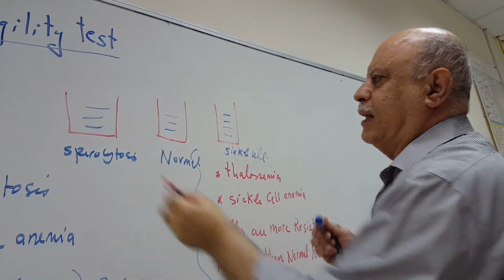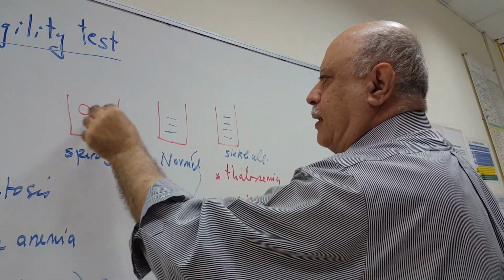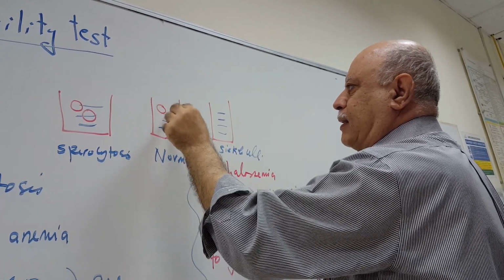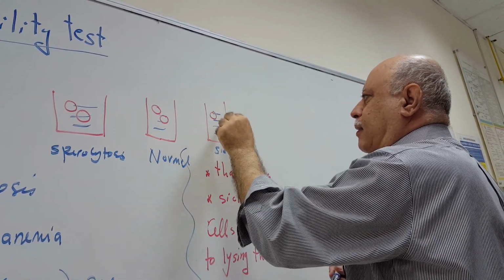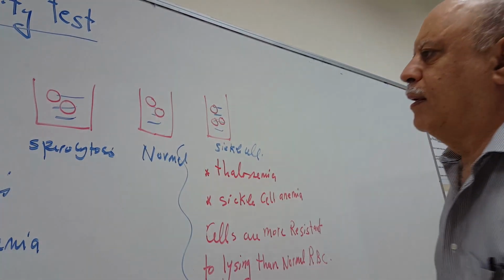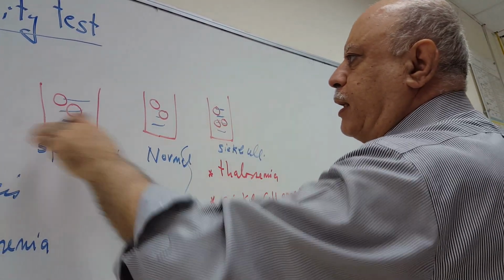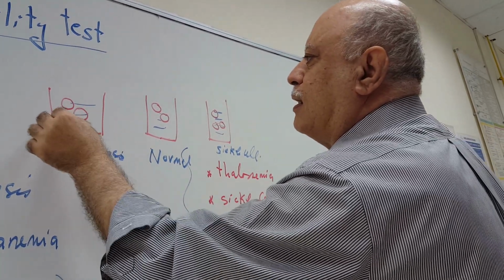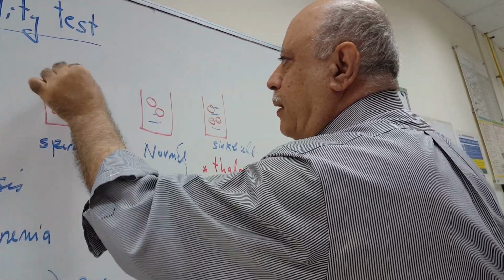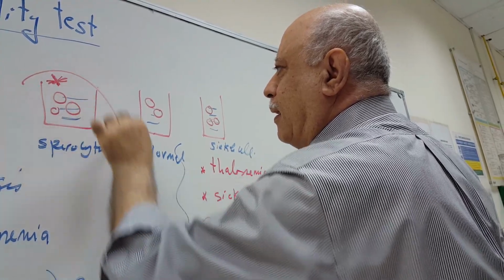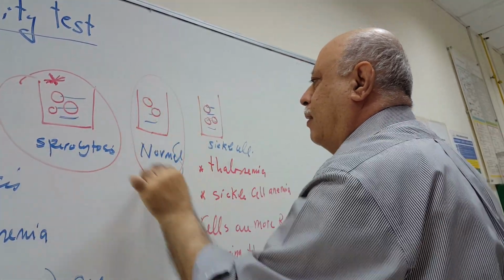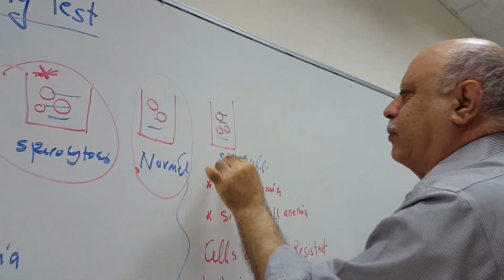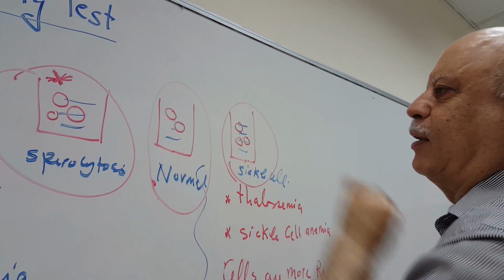If we put spherocytosis cells here, normal cells here, and sickle cells here, in the same solution, we will find out more cells will lyse here than normal, and fewer cells will lyse here than normal.